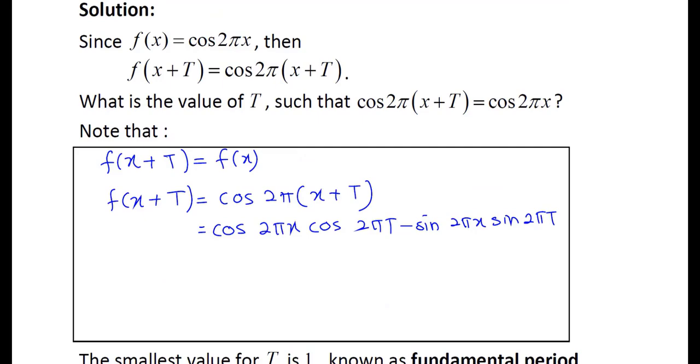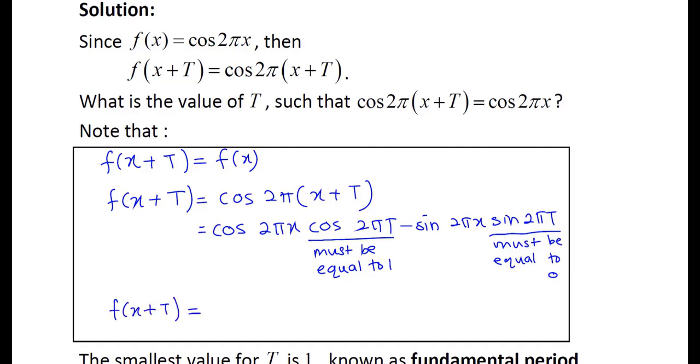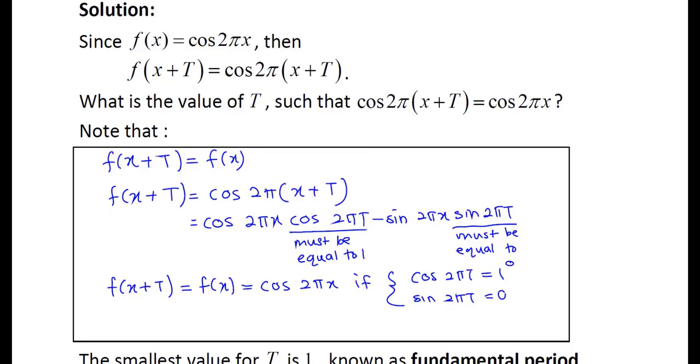To show that f(x + T) equals f(x), cos 2 pi T must be equal to 1 and sin 2 pi T must be equal to 0. So we can say that f(x + T) equals f(x) equals cos 2 pi x if cos 2 pi T is equal to 1 and sin 2 pi T is equal to 0.